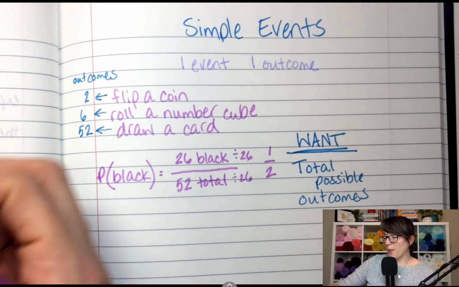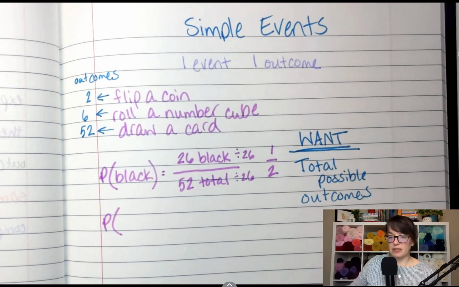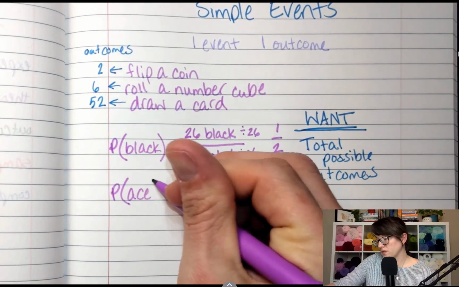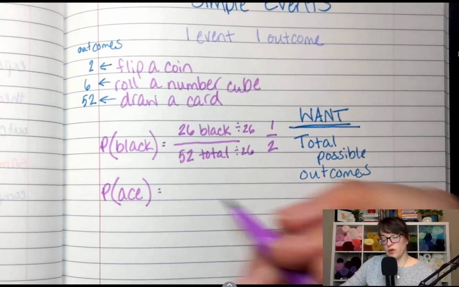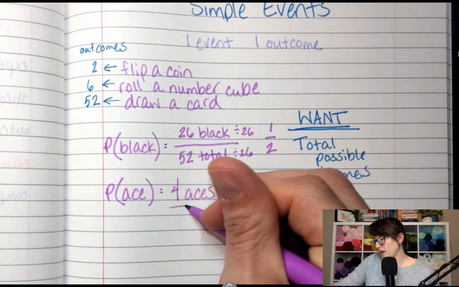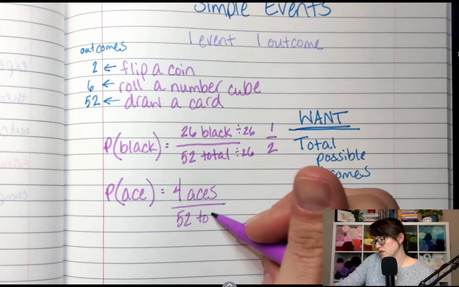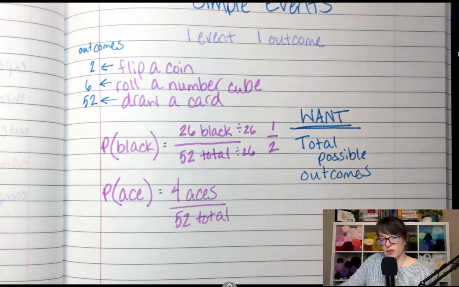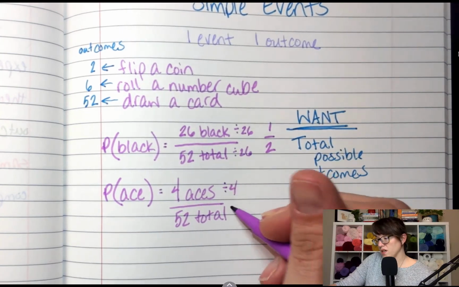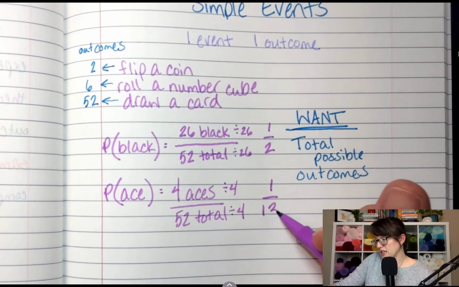Now, what about the probability of getting a specific card? So let's say, what is the probability of getting an ace? If you don't know, there are 4 aces in a deck, out of how many total cards again? 52 total. And I need to reduce this. What could I reduce this by? 4. And that would be 1 out of 13.